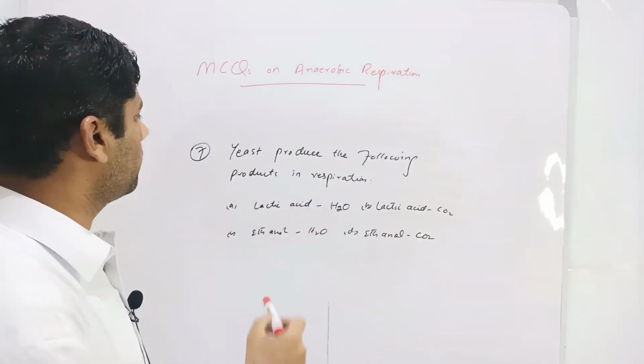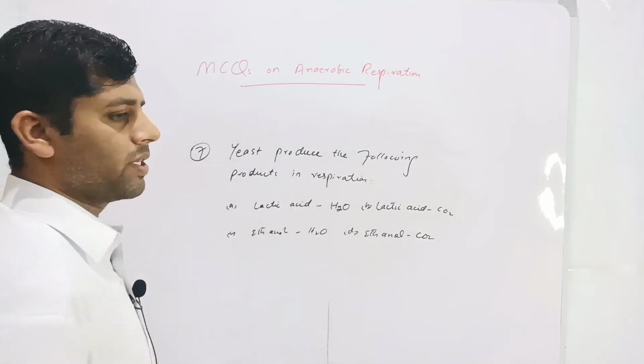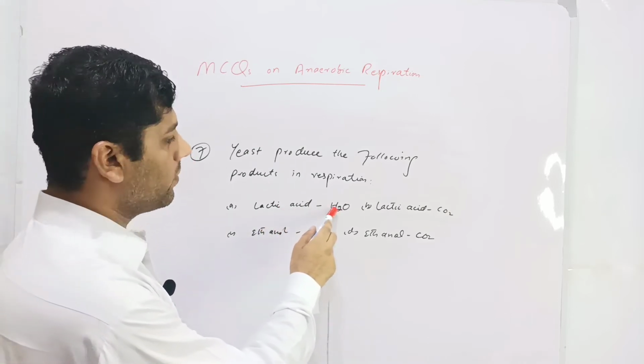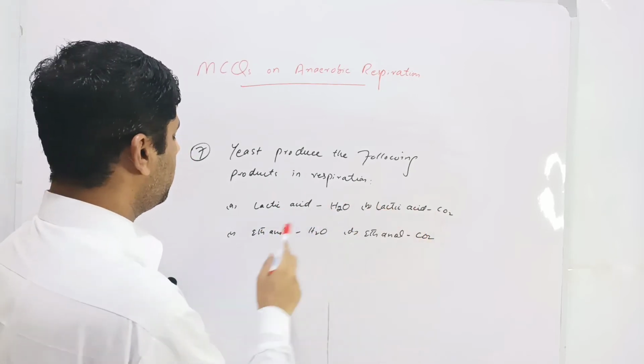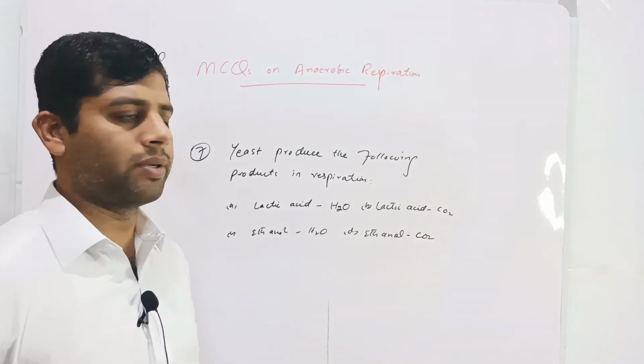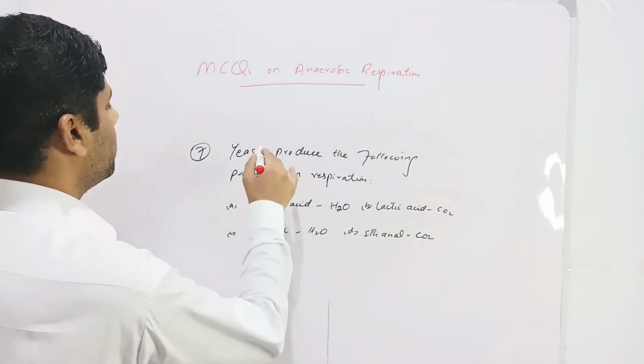Next question is, yeast produce the following products in respiration. Given options are lactic acid and water, lactic acid and carbon dioxide, ethanol and water, and ethanol and carbon dioxide. First of all, we should learn about the respiration conducted by yeast.